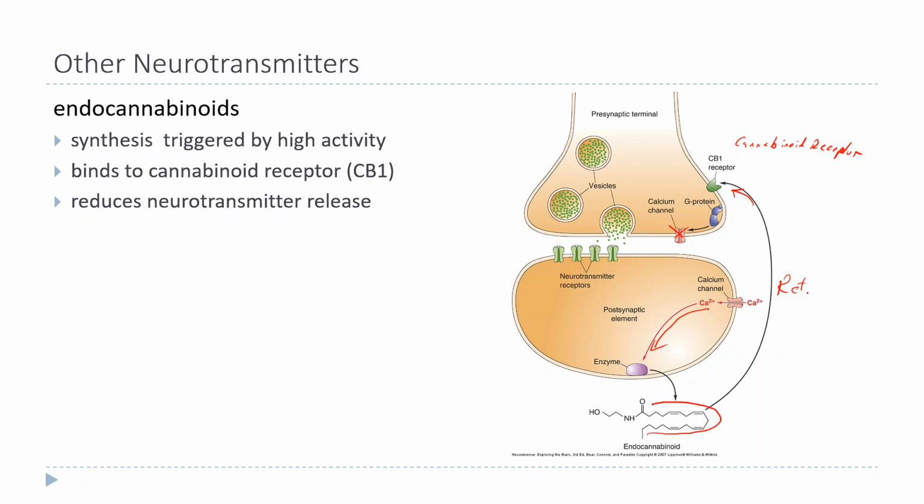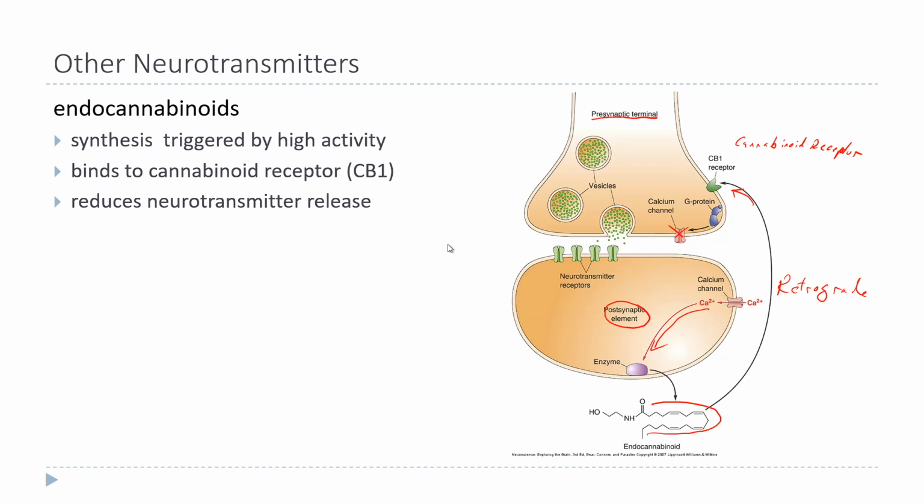Retrograde just means backwards. Instead of this neuron up here, which we consider the presynaptic cell because it does have vesicles that contain some neurotransmitter, usually an excitatory neurotransmitter, and then this cell we call postsynaptic because it has receptors for that neurotransmitter, the endocannabinoids go the other way. They go back to the presynaptic terminal.